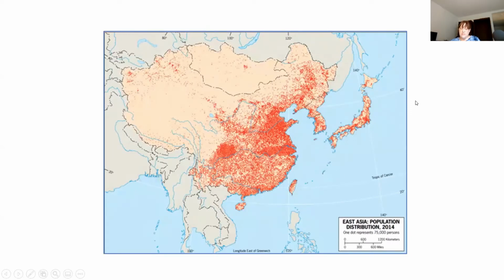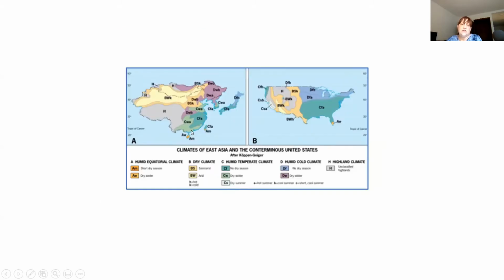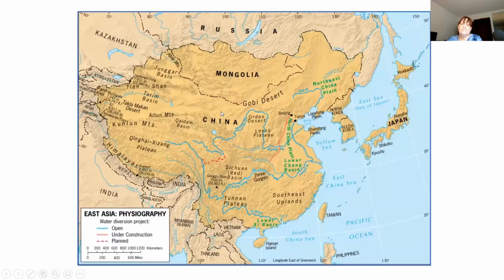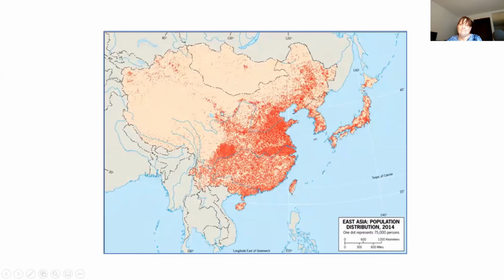Now, let's look at the population map. You can pretty much overlay it with the climate map. You can see all of the people living along the East Coast. Go back, you see the bulge right here. Yes, for all of the humid temperate and humid cold, same population patterns.